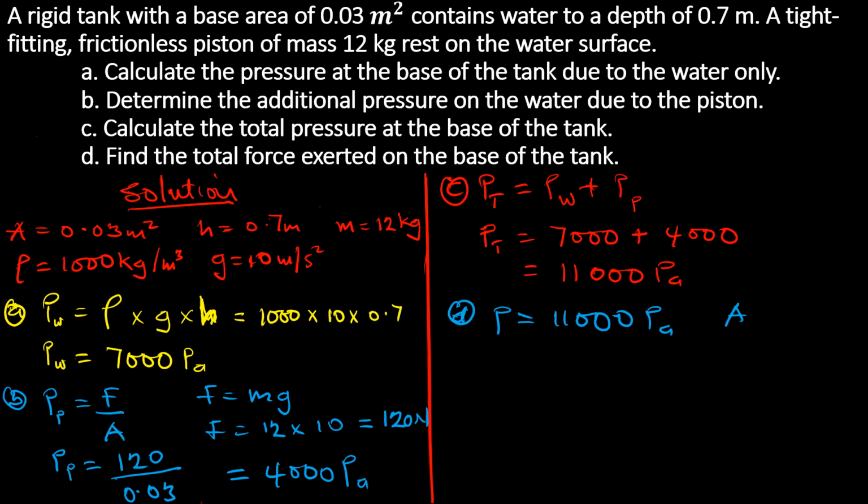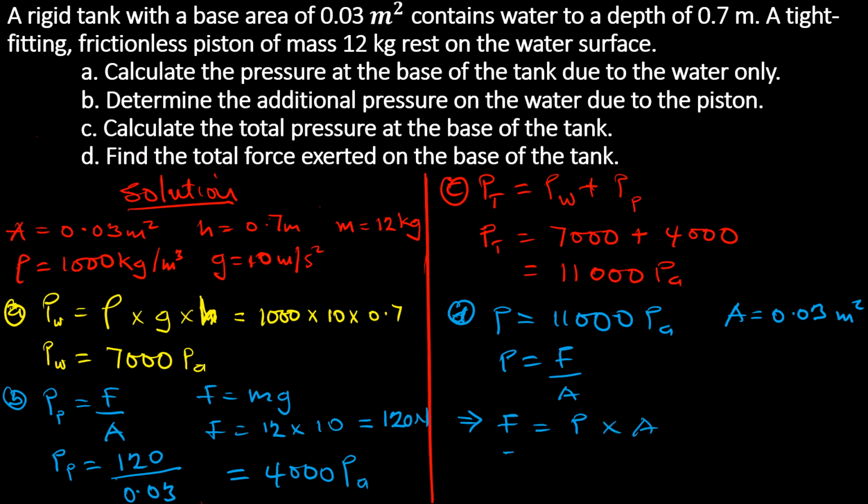And we have the area of the base of the tank to be 0.03 square meters. So pressure is equal to force over area. So to calculate the total force, we make F, which is the force, the subject. So F is equal to pressure times area.